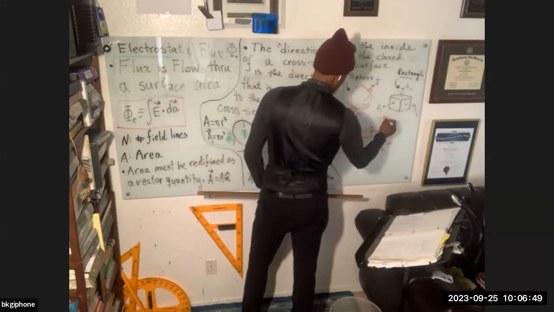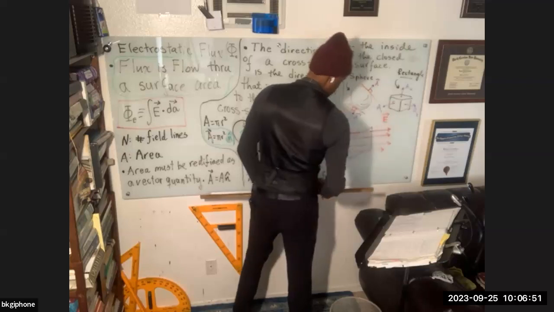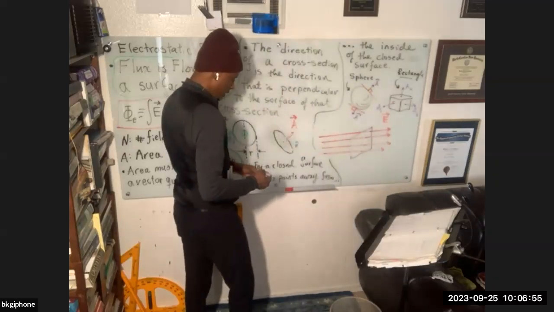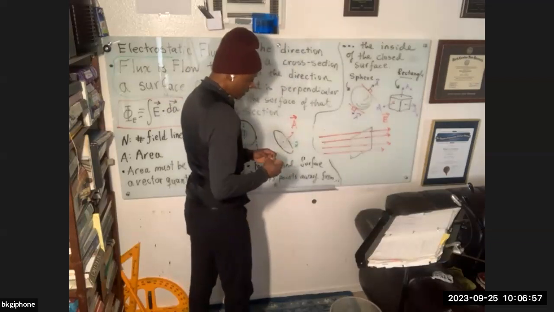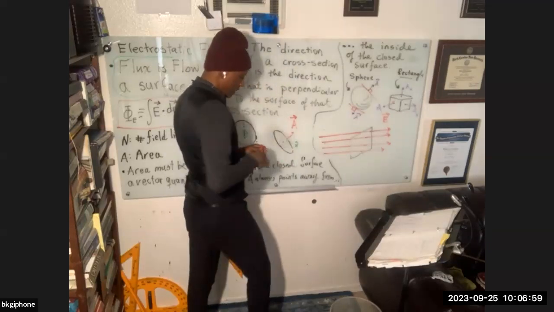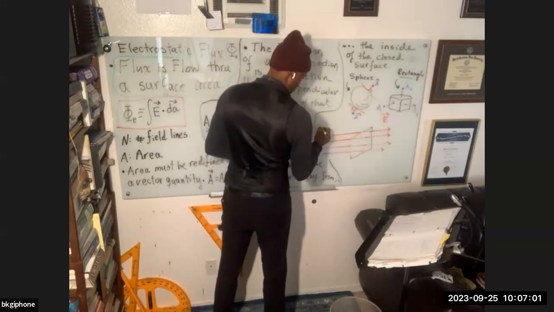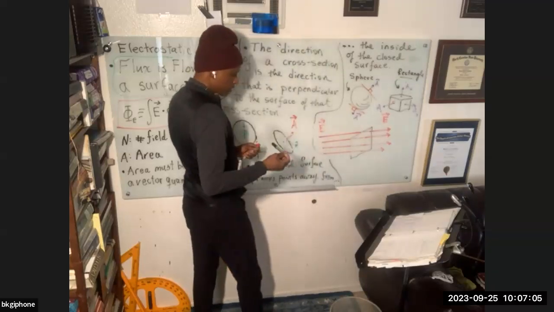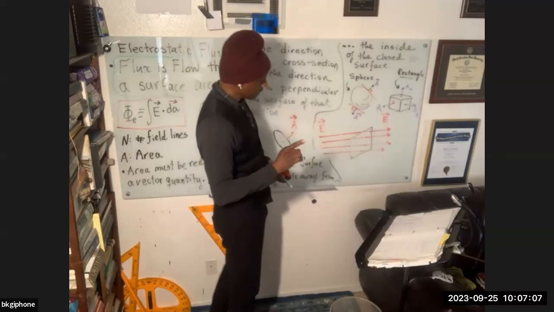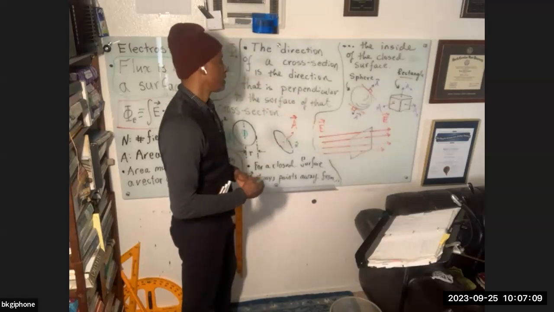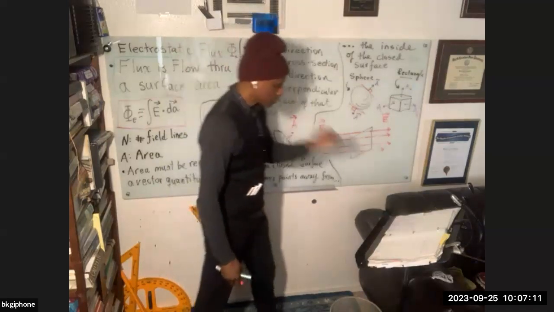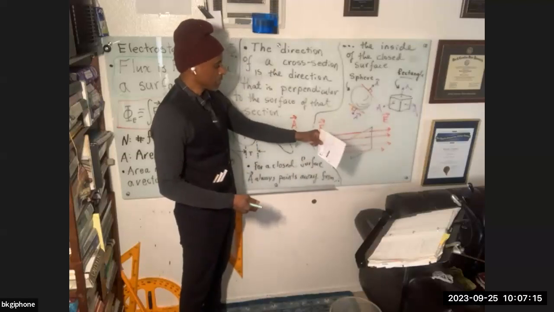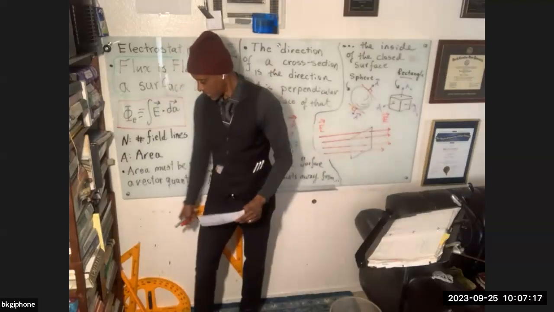So this is the electric field E, but the surface has its own direction, and I've tried to draw this in such a way that it's hard to see. We might have to do a side view.